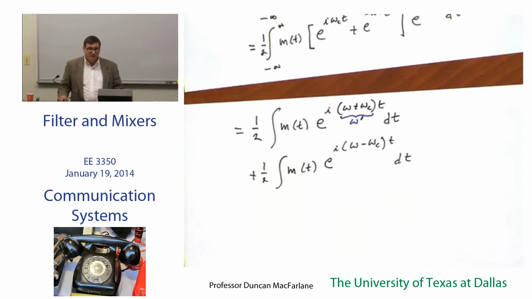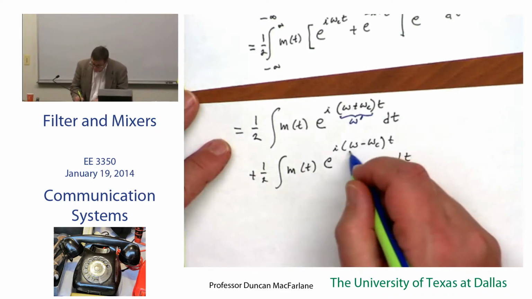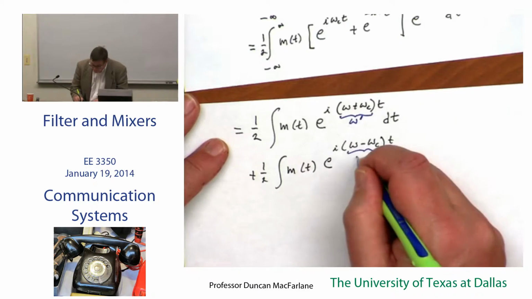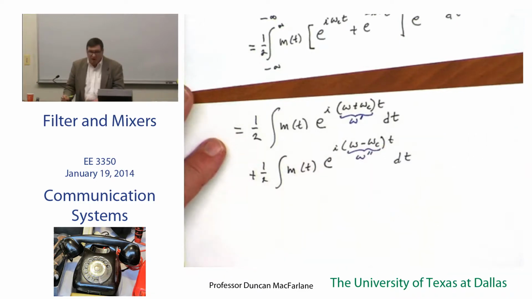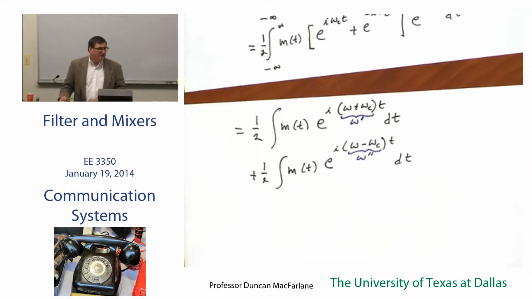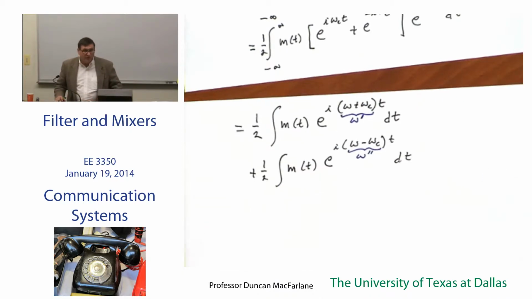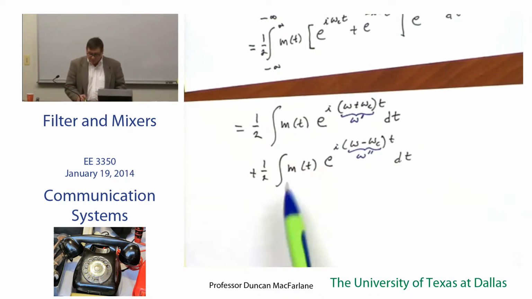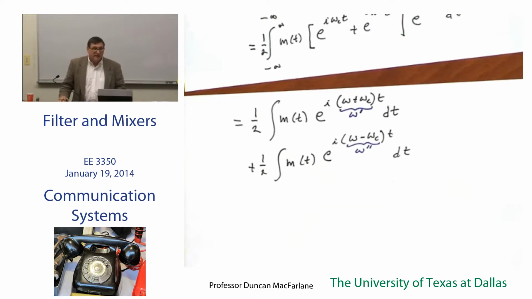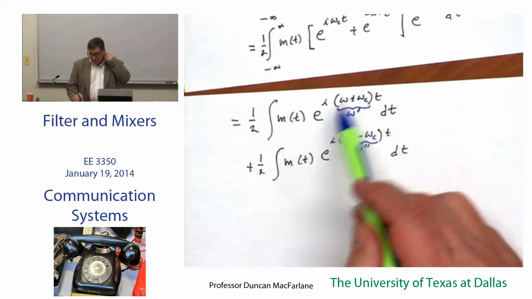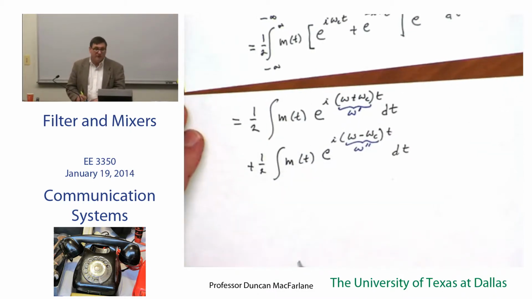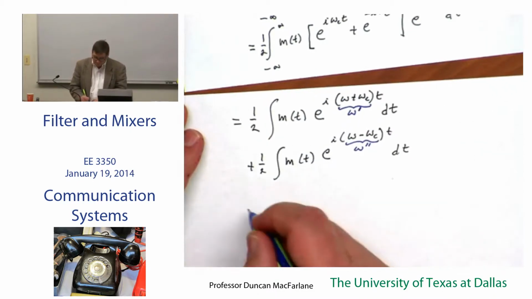Right? And now if I look at this guy here and I say, okay, that's omega double prime. It could still be omega prime because it's just a dummy variable. Then this guy here is the Fourier transform of m of t at omega double prime. So this is capital M of omega prime, and this is capital M of omega double prime.